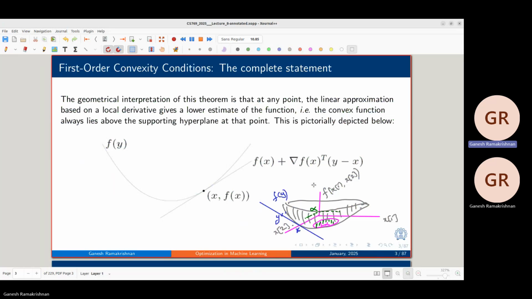In second order, what are we saying? Well, if you take any direction, a random direction v, any random vector v, again in this space. So let's say my vector v is here. If I take the quadratic form v transpose into the Hessian of the function times v, this is going to be greater than or equal to 0 for all v.